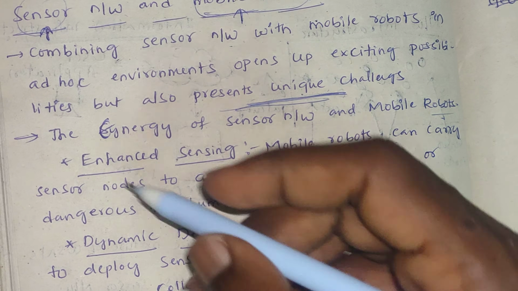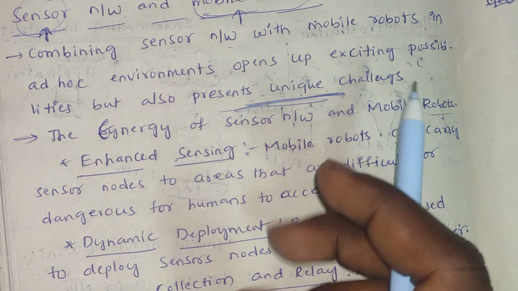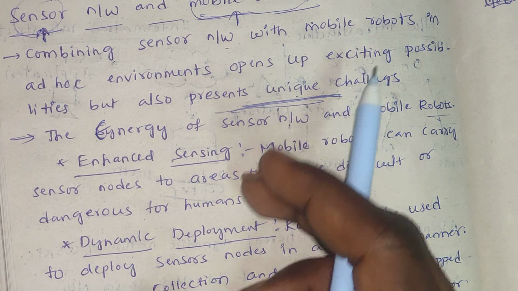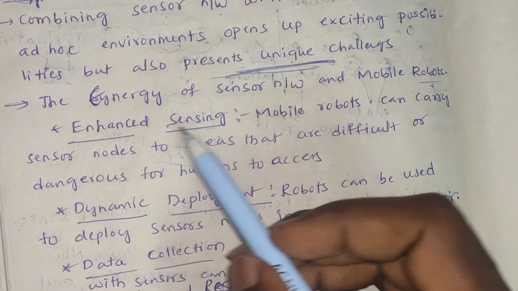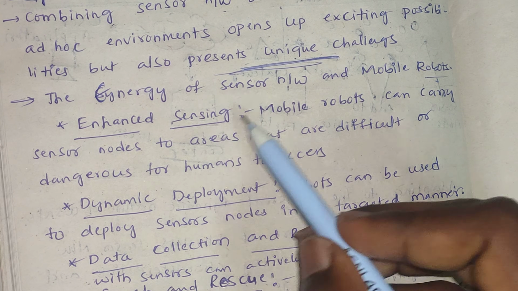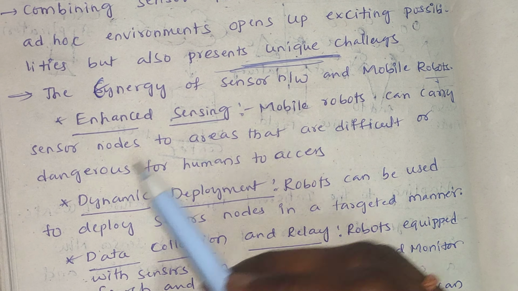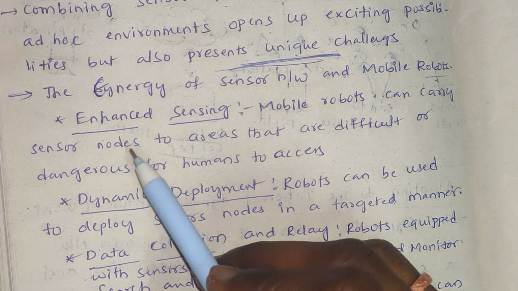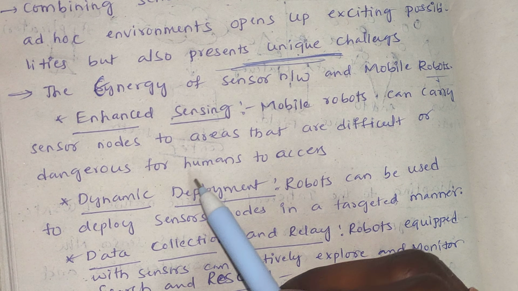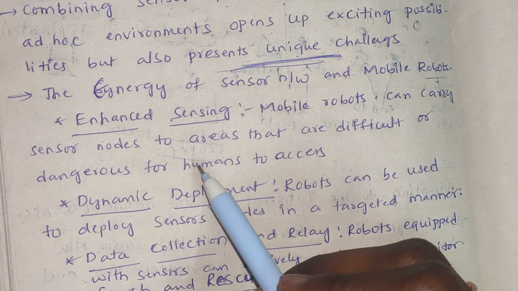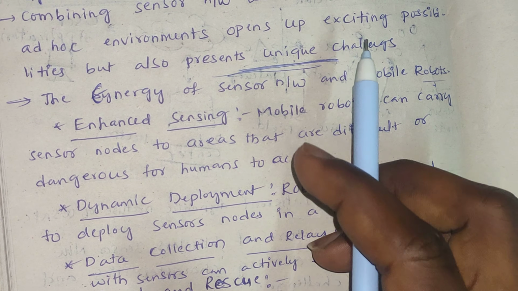What energies do we have in the sensors and in mobile robots, and if we combine both, what energy results do we have, we will see. Next, enhanced sensing. Enhanced sensing means it can sense different types of areas that are dangerous, which humans cannot access. There are some critical places, right? That is nothing but dangerous places.